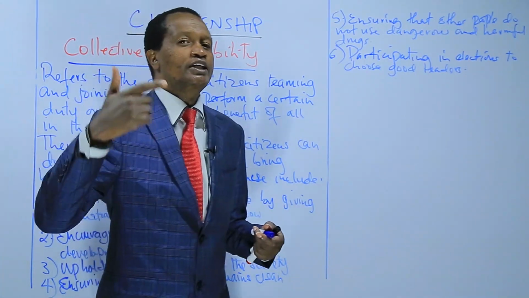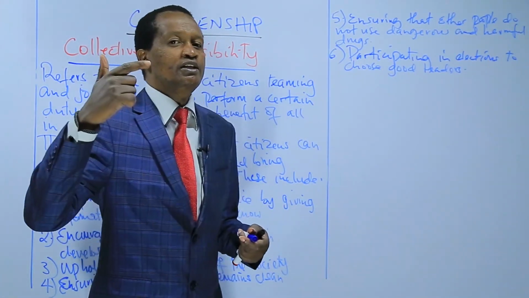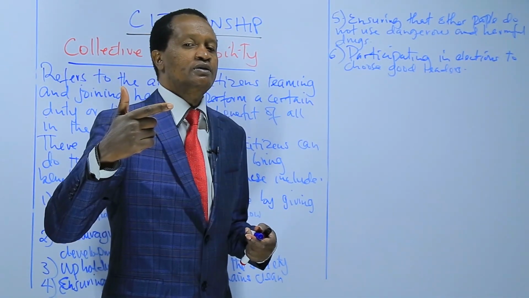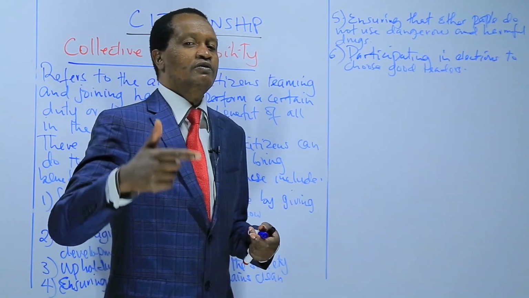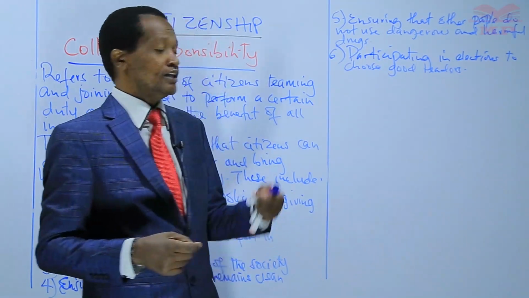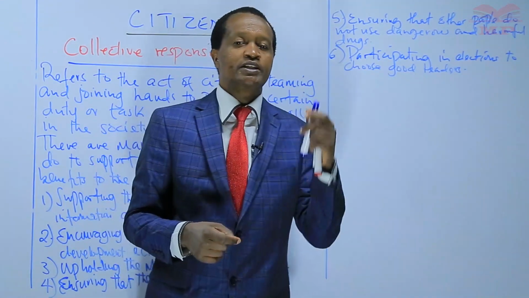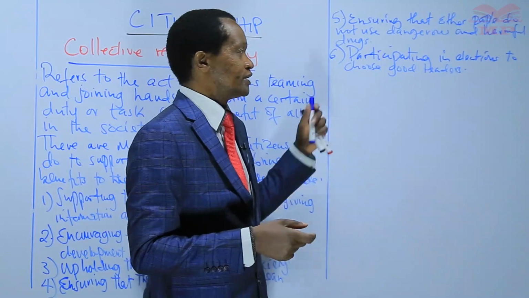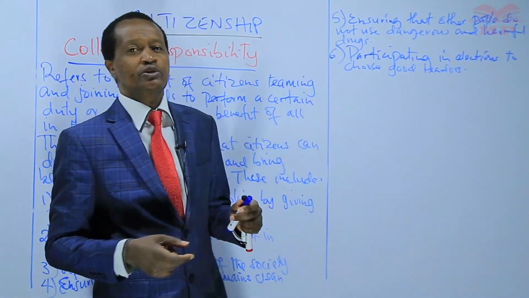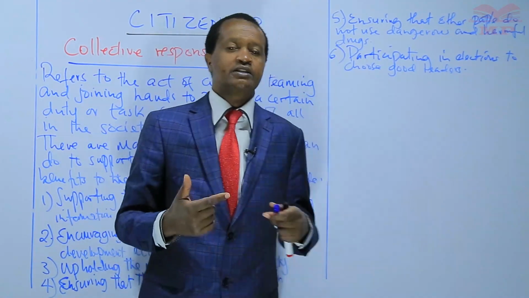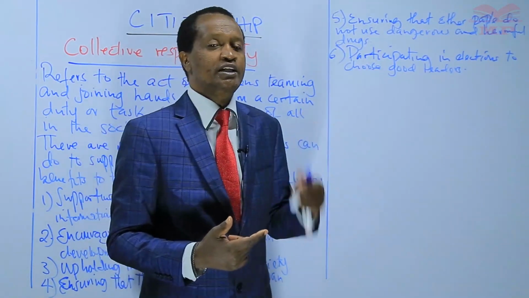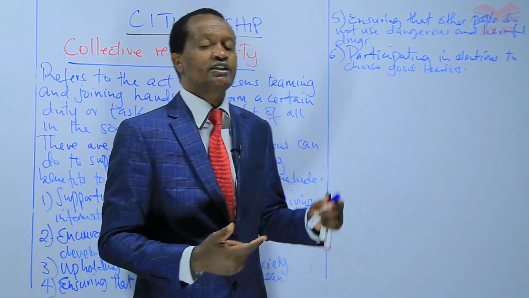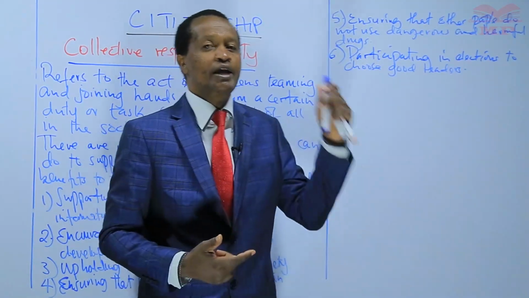Learners, upon the attainment of the age of majority, a citizen is entitled to vote. If you have attained the age of 18 years, then you have a right to participate in elections. It's important that we all participate in elections so that we can choose good leaders. If we fail to participate in elections, then there are chances that bad leaders, corrupt leaders, immoral leaders may be elected.